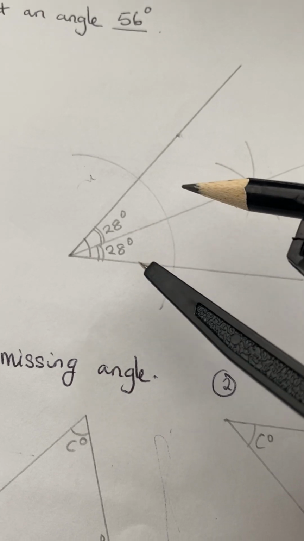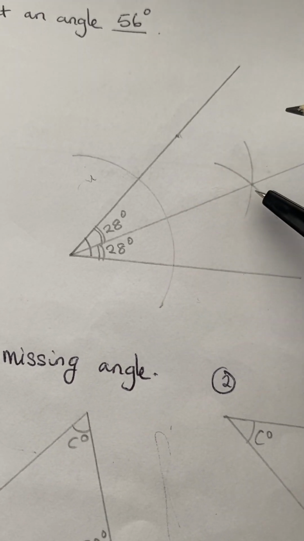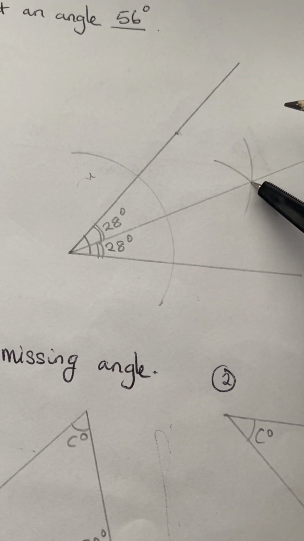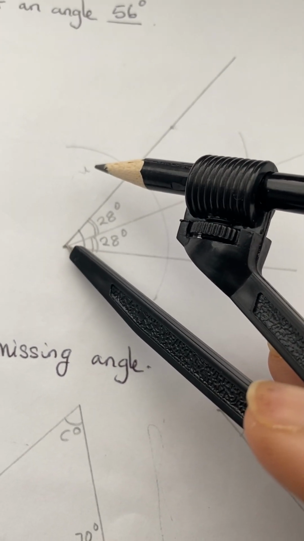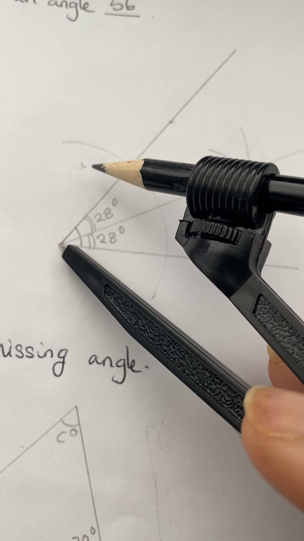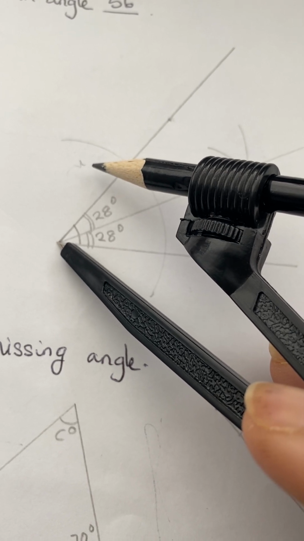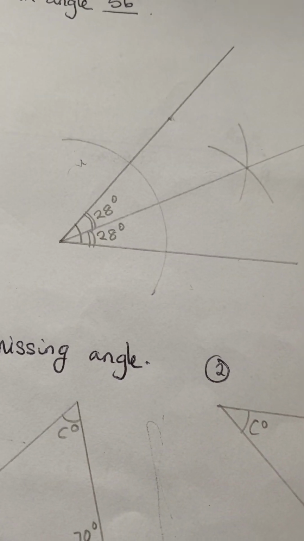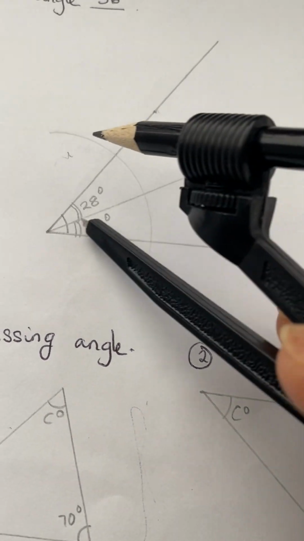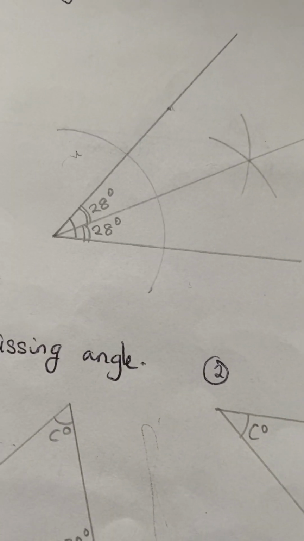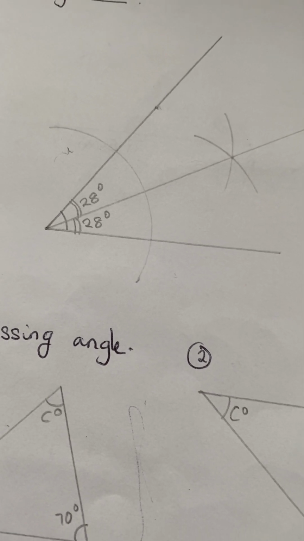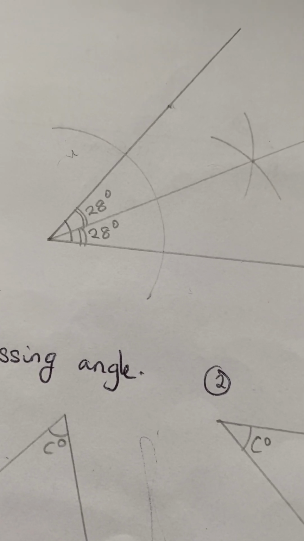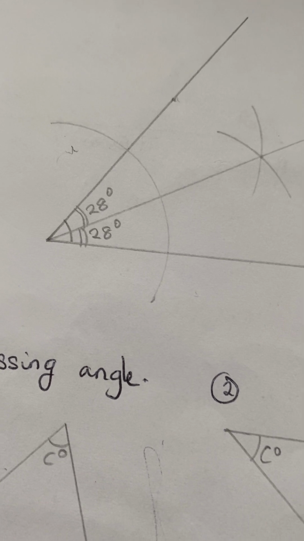So here you have to be watching. Now this point of intersection, I draw a line from this angle point through the point of intersection, and that will be my angle bisector. You can do this in 2 minutes for the marks.